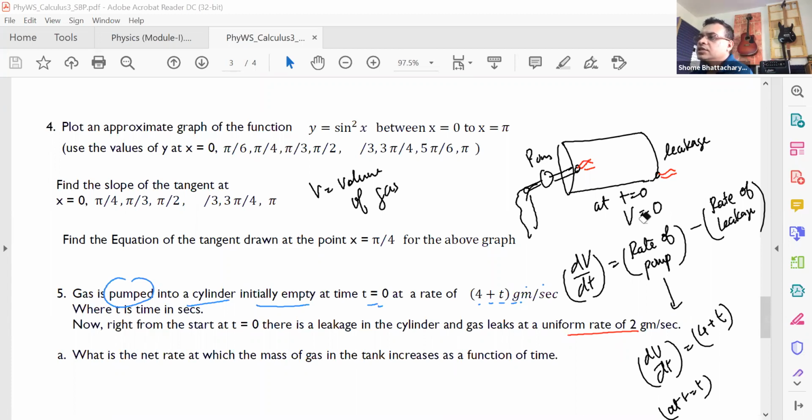Okay, we'll just change this variable to mass. So we'll consider the rate at which mass of gas is changing. So mass is a function of time such that mass is equal to 0 at t equal to 0.